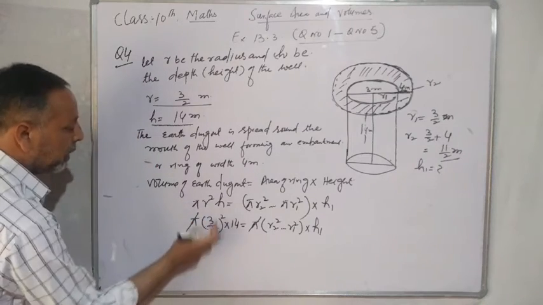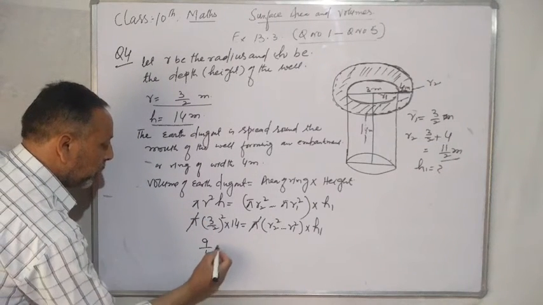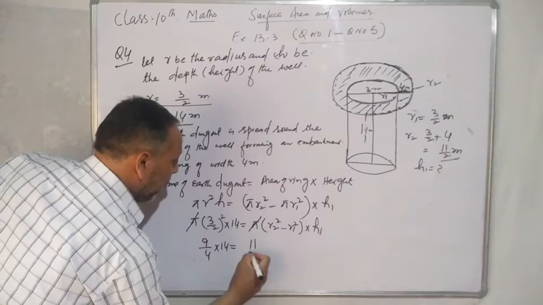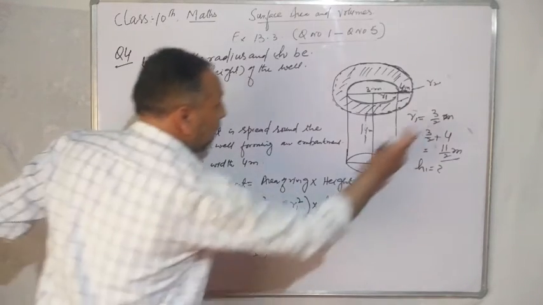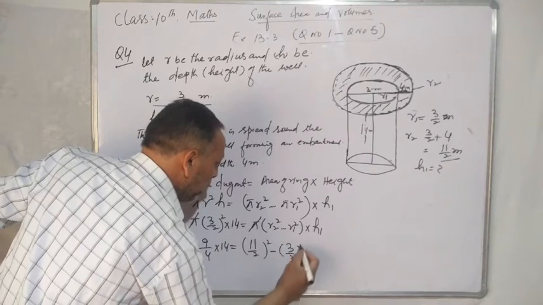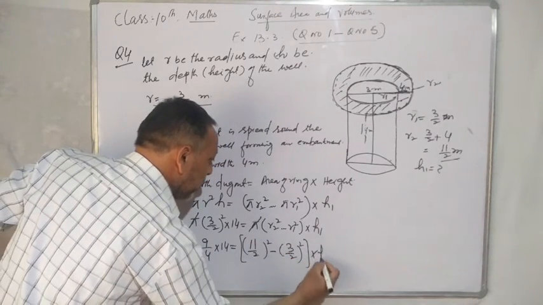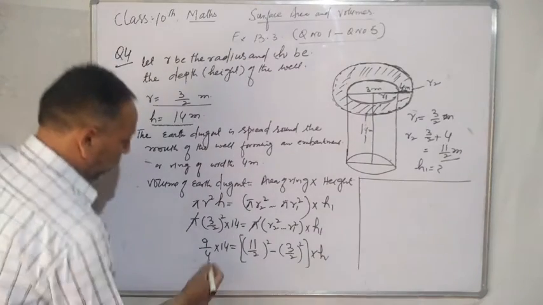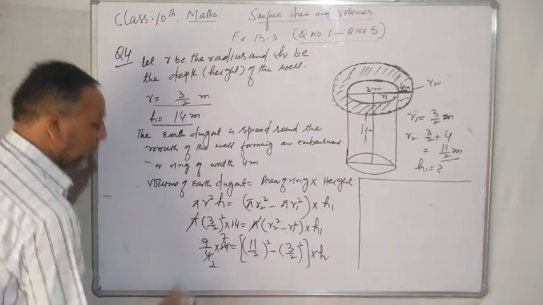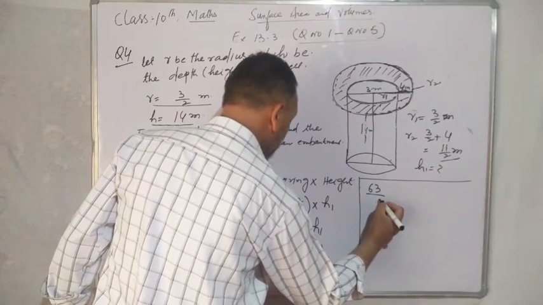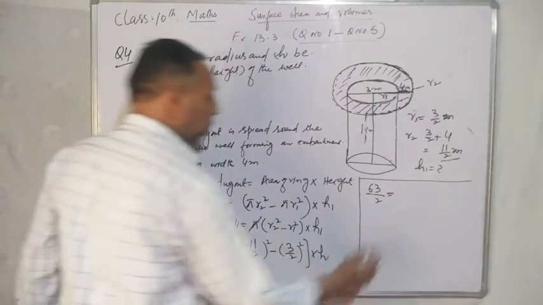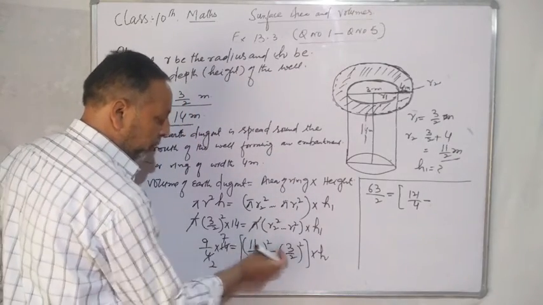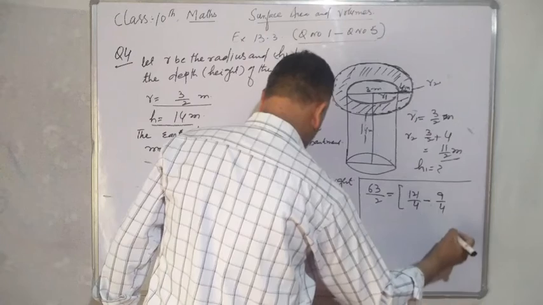Pi and pi cancel. 3/2 whole square means 9/4 into 14, is equal to r2, now it is 11/2, 11/2 whole square minus r1, it is 3/2 whole square into h1.